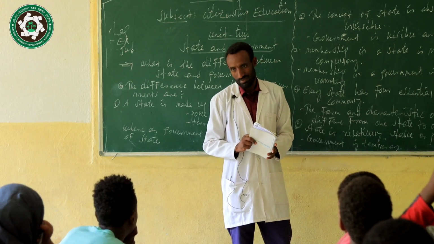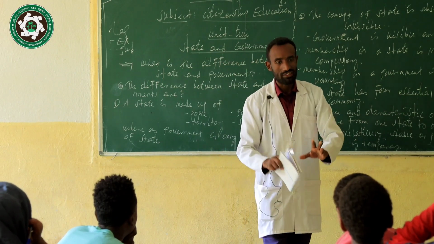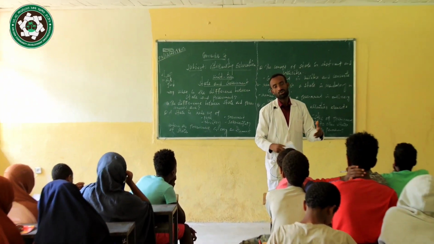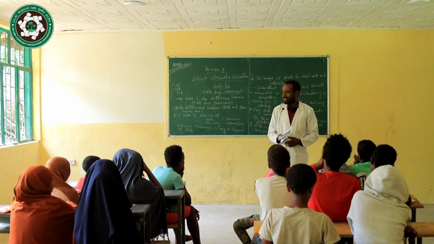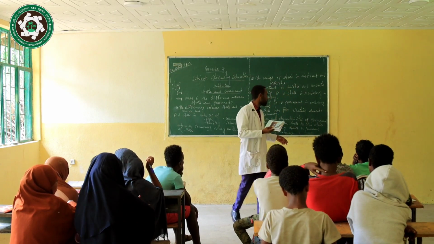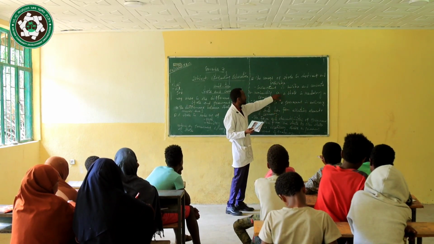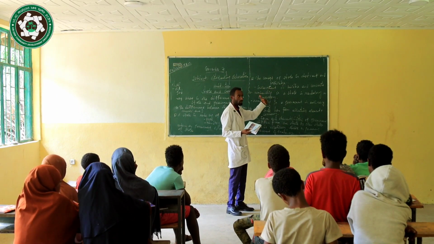It's not mandatory. By voluntary, you can join as a member of a government; if not, you cannot. So being a member of a government is most of the time voluntary, and being a member of a state is mandatory or compulsory. In short, it's clear for you. This is another difference between state and government.